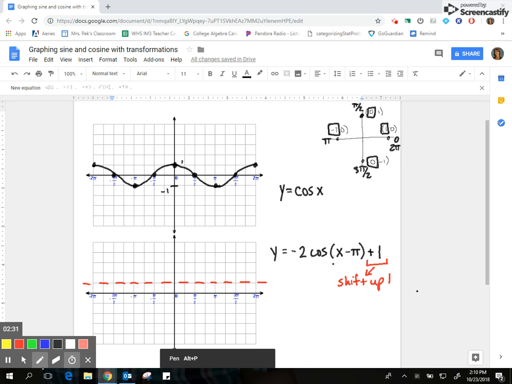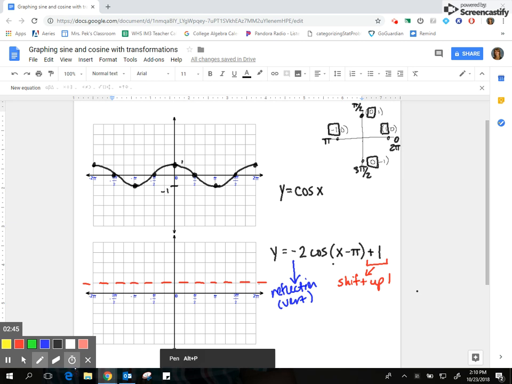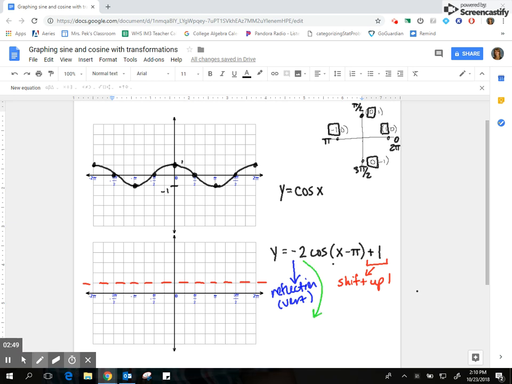I also have a couple things happening here. I have a reflection, and it's in the vertical direction, so it's going to flip it upside down. And I have an amplitude change of 2. So it's going to vertically stretch my function.